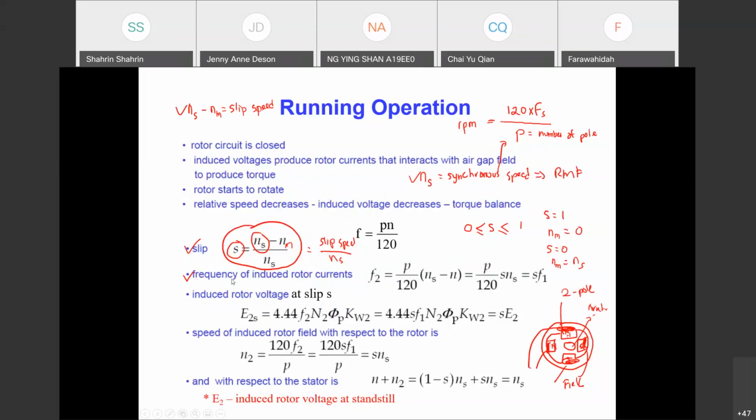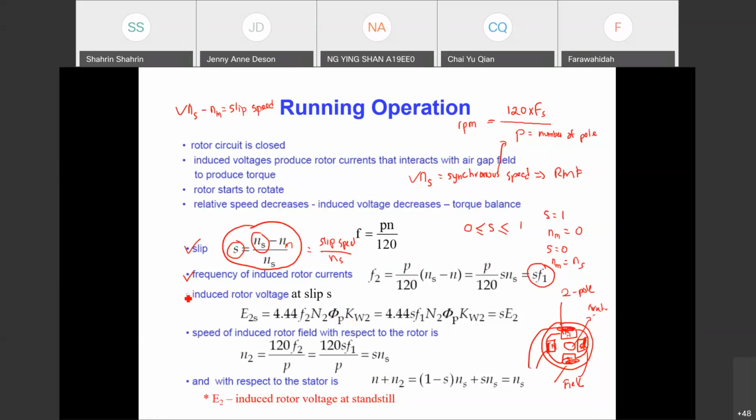The frequency induced inside the rotor is S multiplied with the frequency supply, or your stator frequency. So that is the frequency inside the rotor.